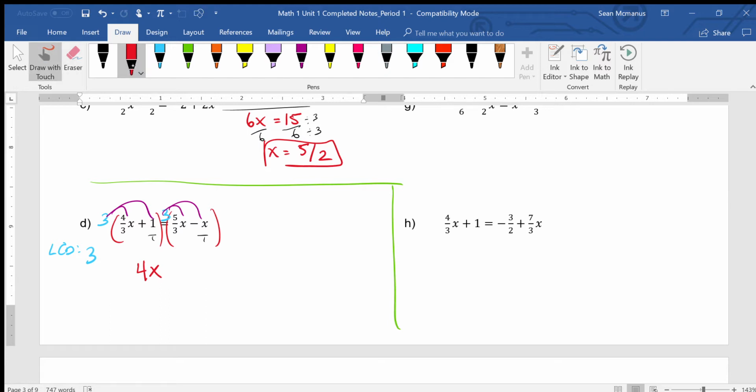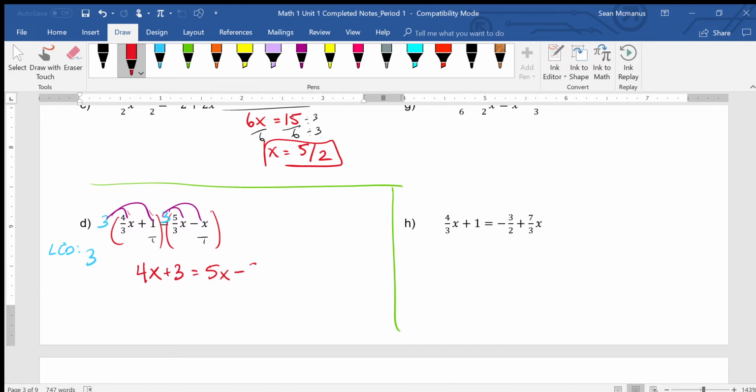Right, so if I multiply this 3 through, right, 3 times 4 over 3 got rid of the bottom, plus 3 times 1 is 3. And over here, same thing. The 3's would cancel in the first term, and I'd be left with 5x minus 3 times x. So I found the lowest common denominator, and I distributed.